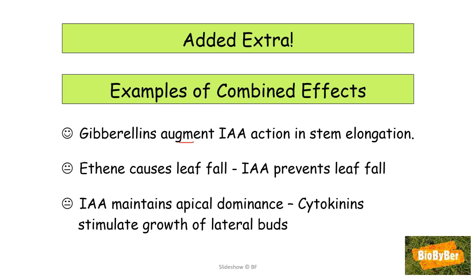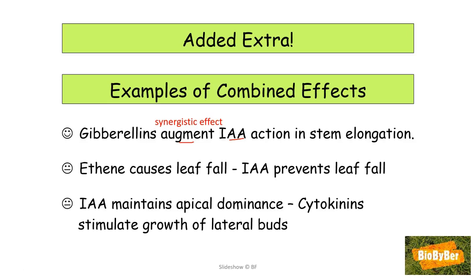Gibberellins can augment or support IAA action in stem elongation. This is a synergistic effect, as both growth regulators are working in cooperation with each other and promoting growth in plants.